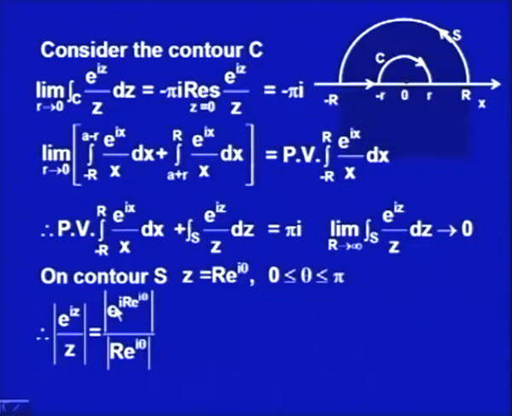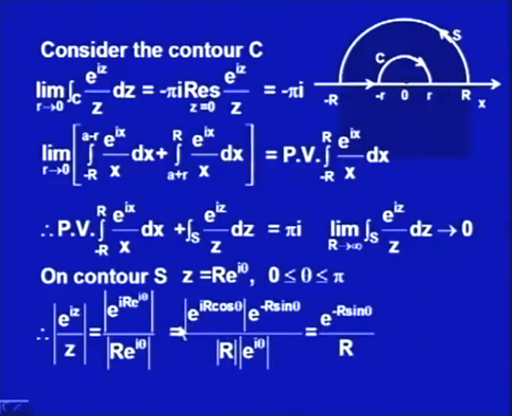Now, in the numerator, e^{i R e^{i theta}}, if I use Euler's formula, which says e^{i theta} is cos theta plus i sin theta, what I would get is e^{i R cos theta} into e^{-R sin theta}. So the absolute value, or modulus, of this is the modulus of e^{i R cos theta} times e^{-R sin theta}.